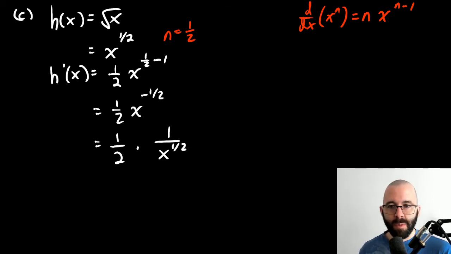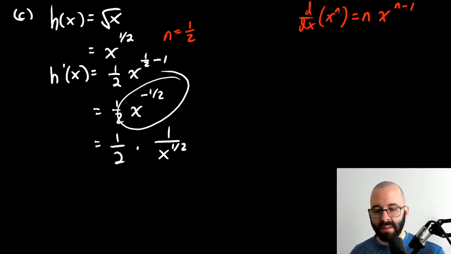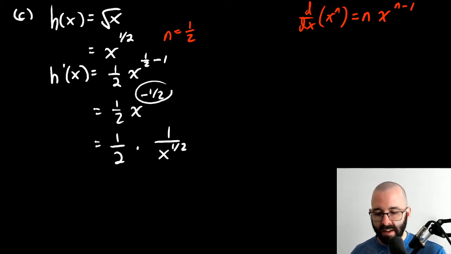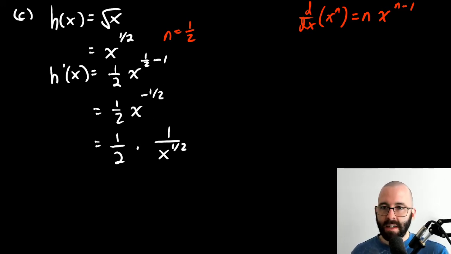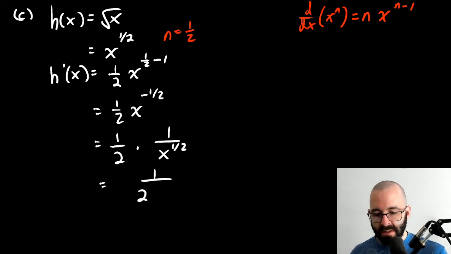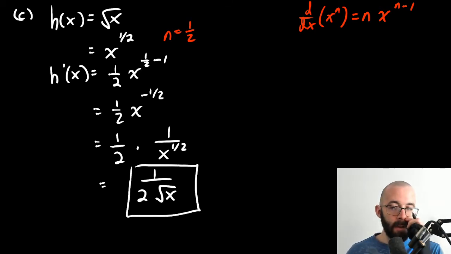Remember what negative exponents do? First off, the exponent is only attached to the x. It is not attached to the 1/2. And that negative exponent means reciprocal. So that's why we were throwing that x into a denominator. Well, we can combine the fractions. And again, x to the 1/2 is still the square root. So this is the derivative of the square root of x.